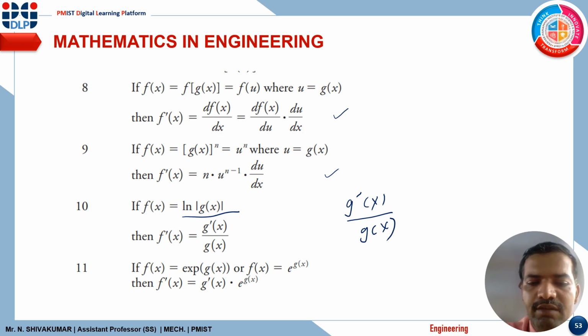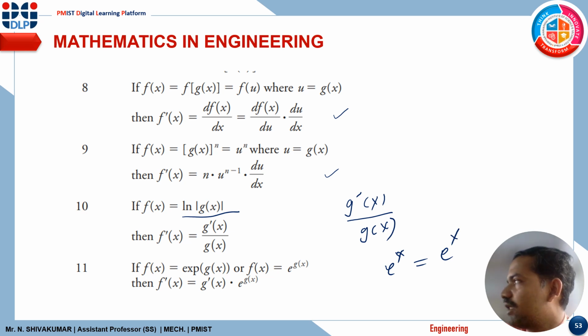So e power x becomes e power x. That is the key idea. When you differentiate e power x, it becomes e power x again, no change. But when you have constants in that power, then we have to differentiate this term and multiply that value here. Okay. So that is the idea. So all please note it down.